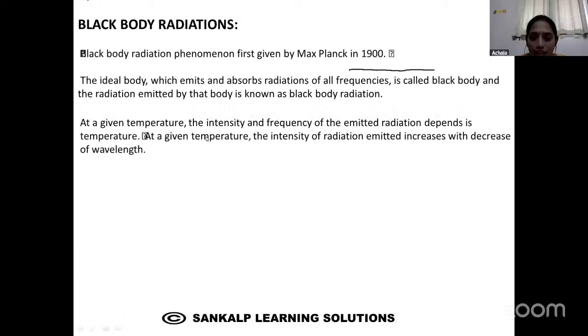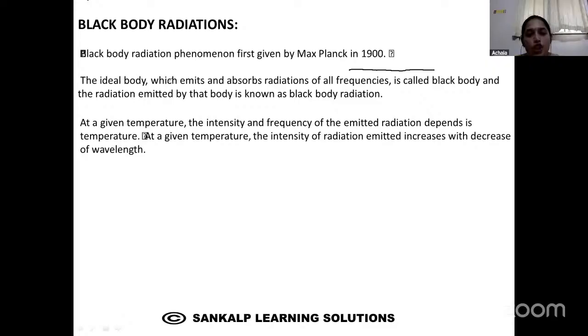Next one is black body radiation. What is a black body? A black body is the ideal body which absorbs and emits all frequencies of radiation. The radiation emitted by this black body is known as black body radiation.